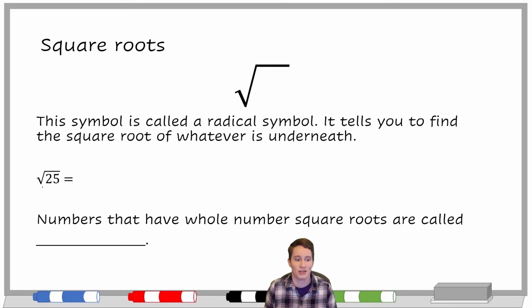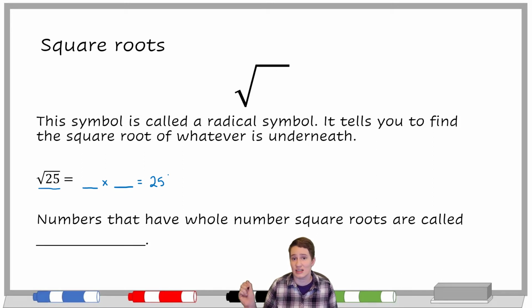So our problem might look like this down here, square root of 25. That's how we could read it, square root 25, or we could say radical 25. I think it's much more common to hear it as square root 25, but either of those is fine. The question we would be asking ourselves when we are asking square root of 25 is, what times what gives me 25 where I have the same answer both times?